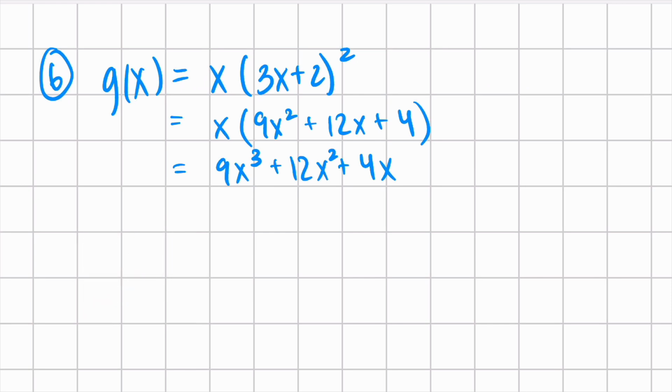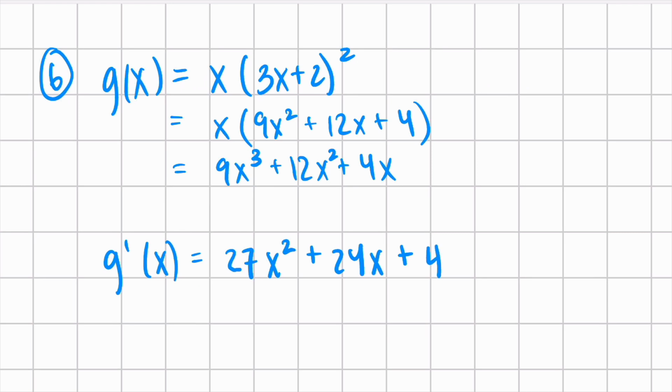So let's use our power rule. Bringing down the 3, multiplied to the 9, 27x squared, plus bring down the 2, multiplied to the 12, 24x. And then 4 times x, that's just going to be 4. And there's our derivative.